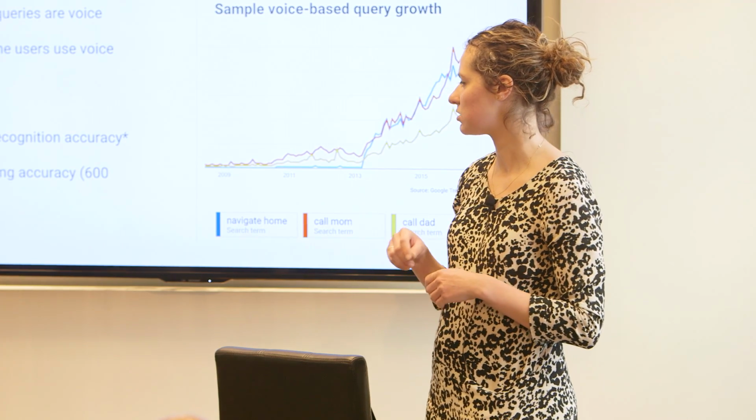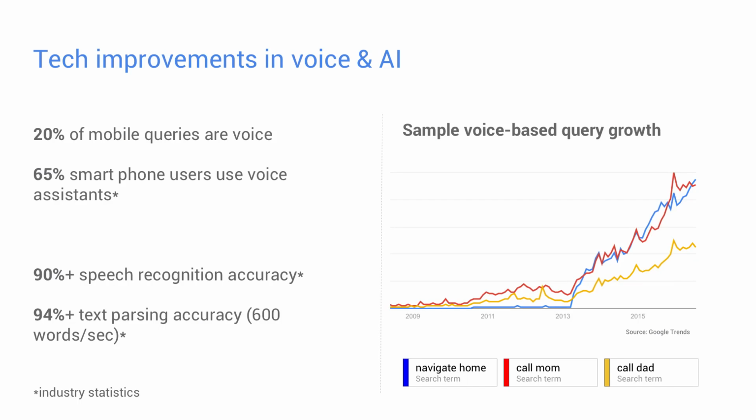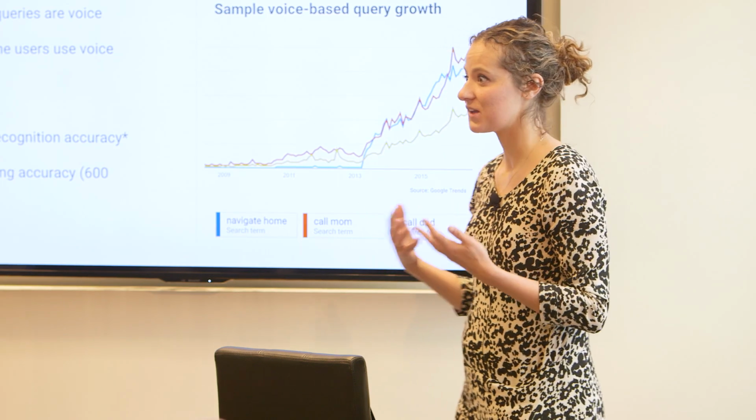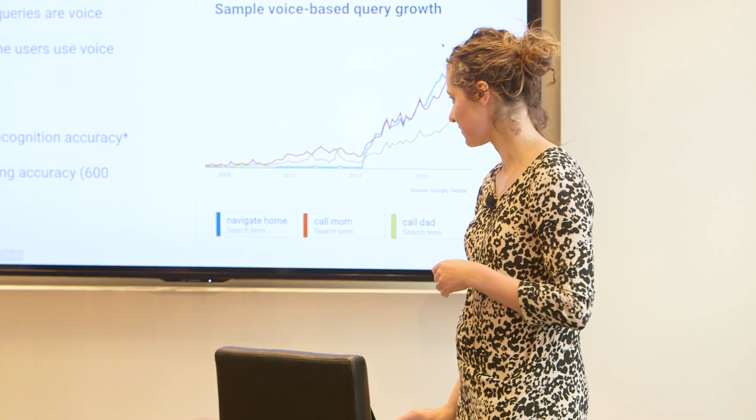Today, when you look at things like speech recognition or text parsing, both of those, even as an industry, are increasing above 90% accuracy. Even today, I was on my phone, and I said, okay Google, call Genie, and you could see it parsing quickly in real time, changing G-E-N-I-E to Genie, my friend Genie, who I was trying to call. And that's pretty exciting.